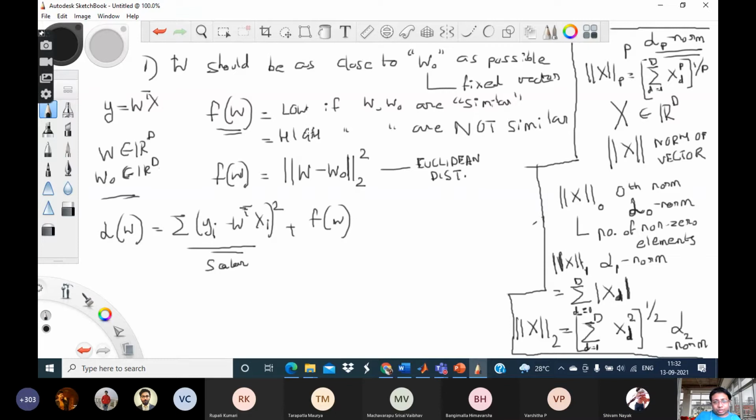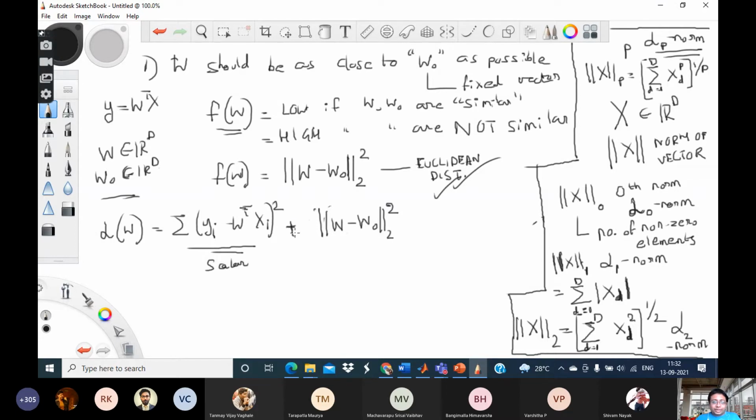Yes, sir, it will be a scalar. It does, right? So I can say that this is a valid criterion, so I can use it. So instead of f(W), let me write it in the following way. Fair enough.